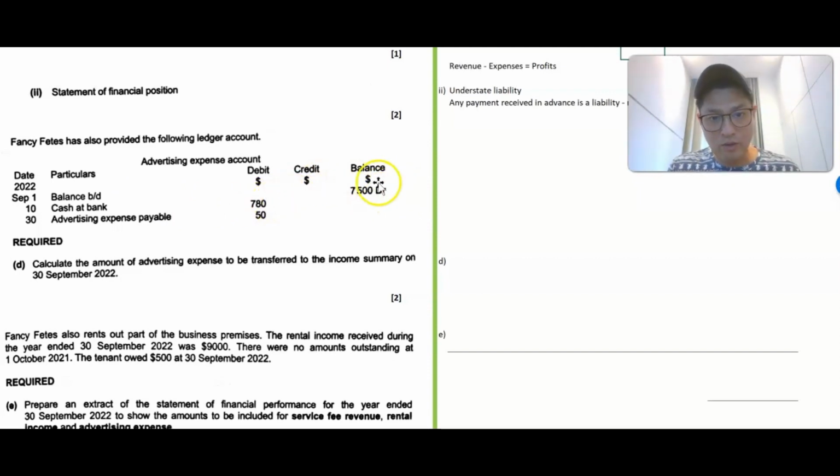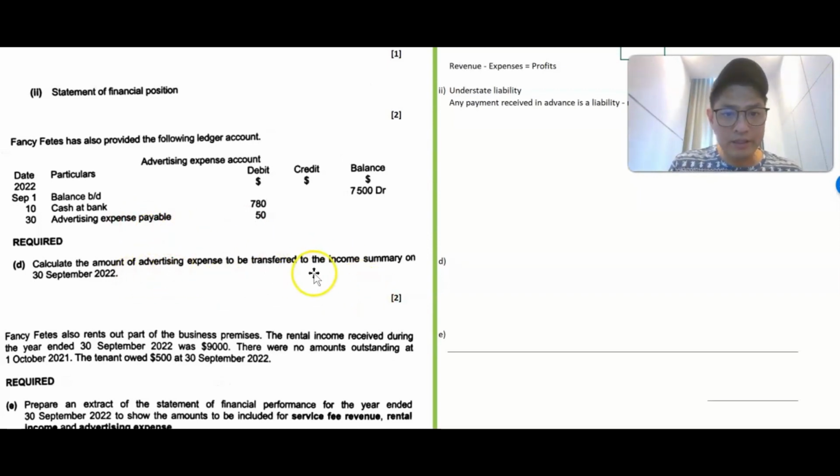So this will add on as a rolling total of how much you spend on advertising. And on the last day of September, you have an advertising expense payable of 50, which means that you've incurred an additional advertising expense of 50 on credit, but you have not paid for it. And that's why it's crystallizing a payable account too.